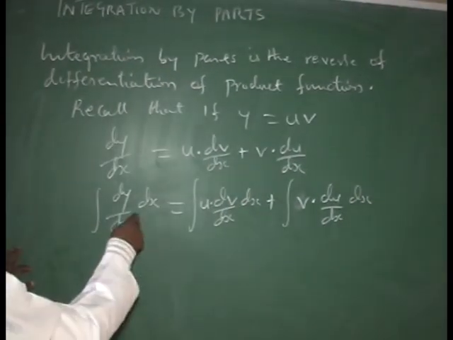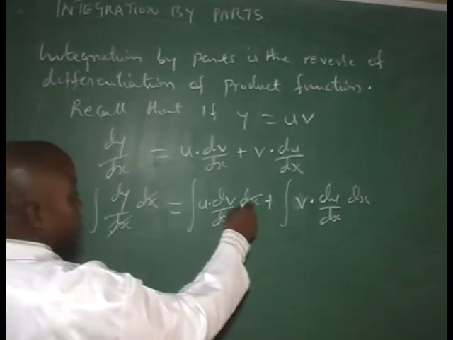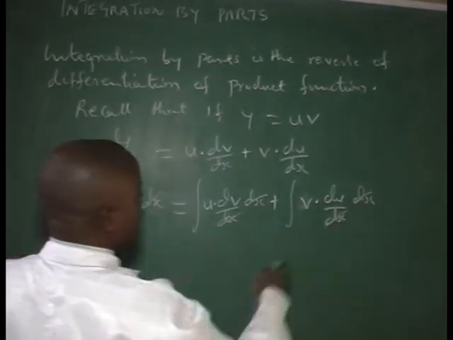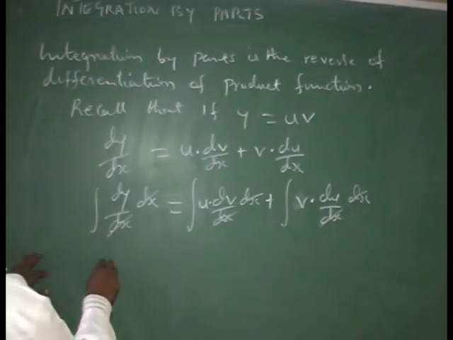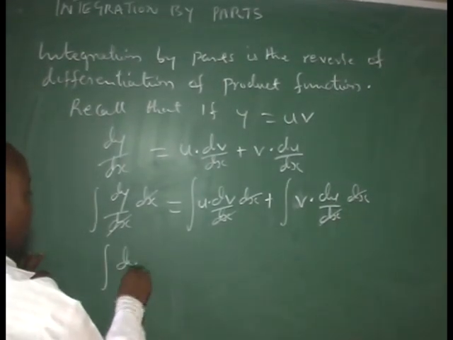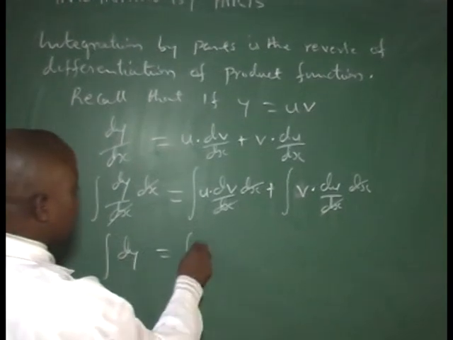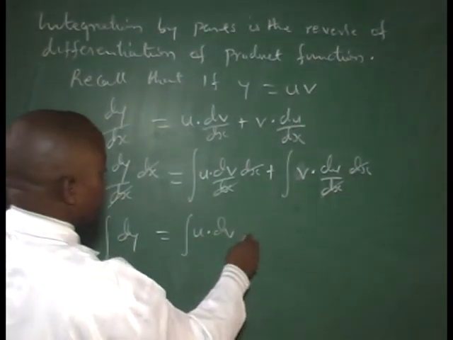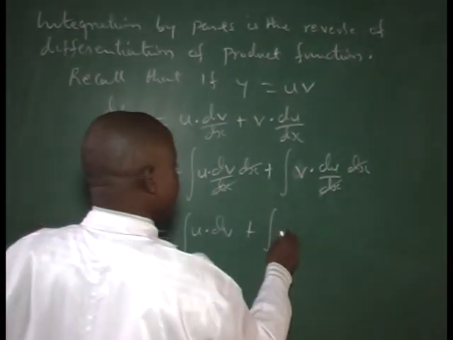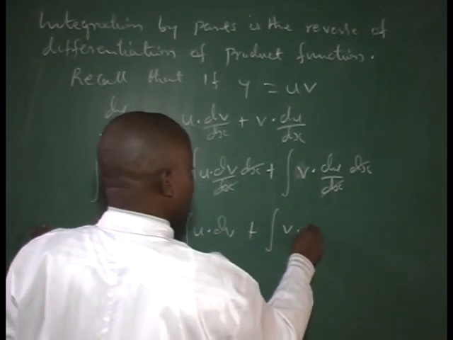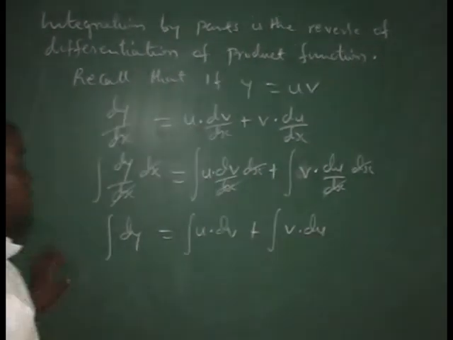And we see that this cancels, this cancels, this cancels. So what we will have is the integral of dy equal to the integral of u dv plus the integral of v du.